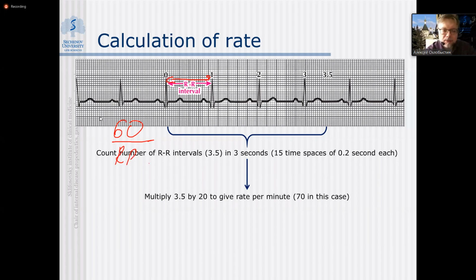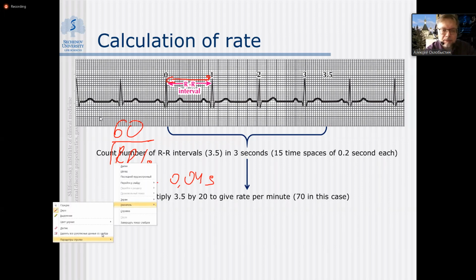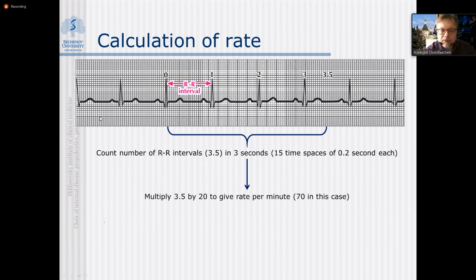The interval should be not in millimeters but in seconds, and 1 millimeter, as we decided, is equal to 0.04 seconds. Anyhow, it's not quite practical, and there may be some other more simplified approaches.